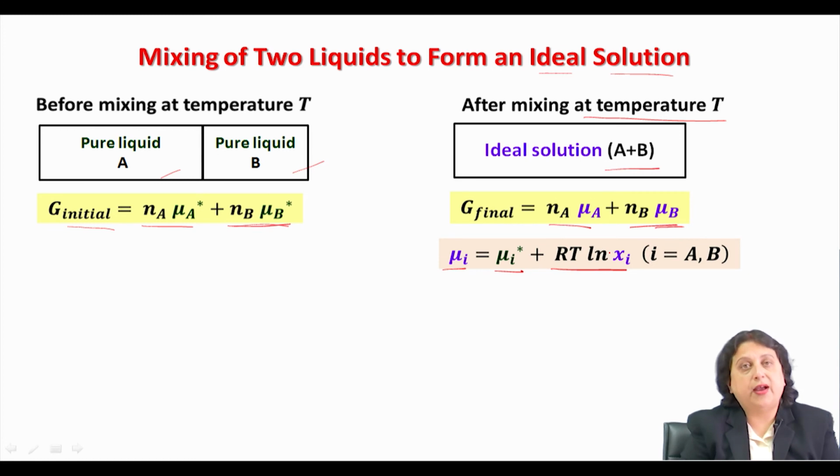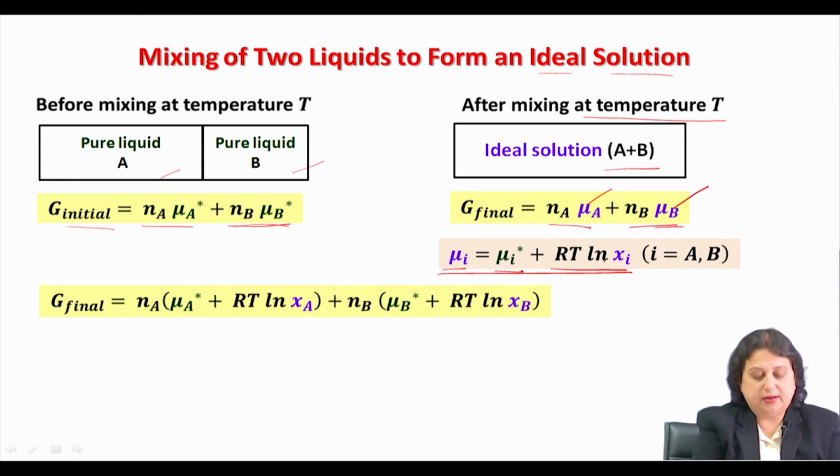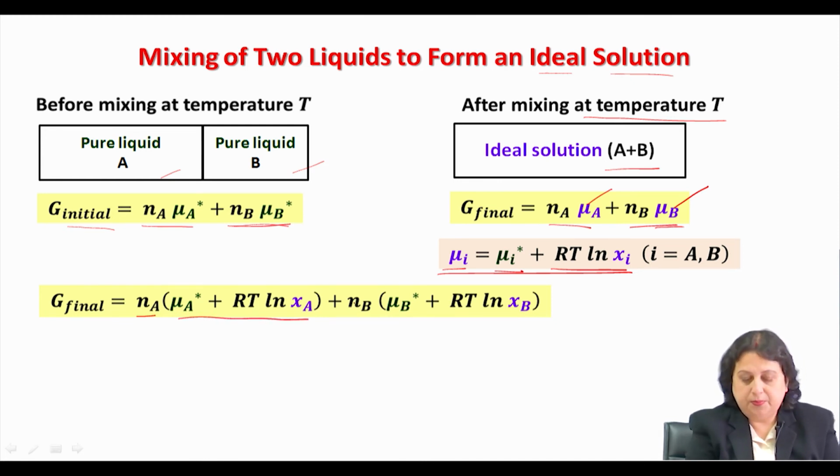Therefore, if I rewrite the G final, then I will be replacing mu A and mu B by these expressions for each of them. So G final now is Na into this expression for mu A plus Nb into this expression for mu B.